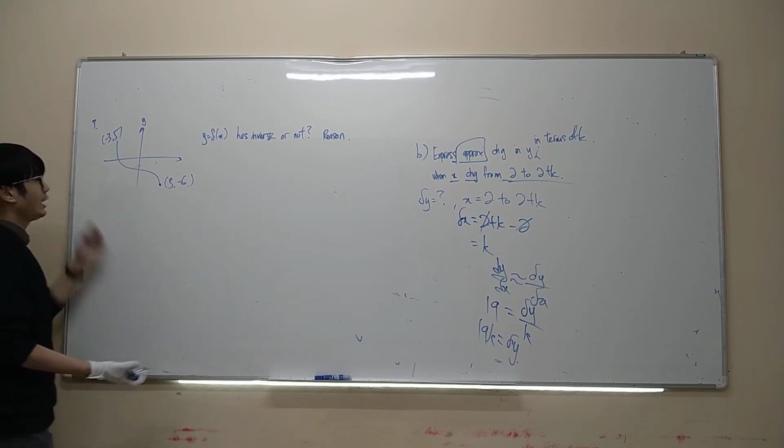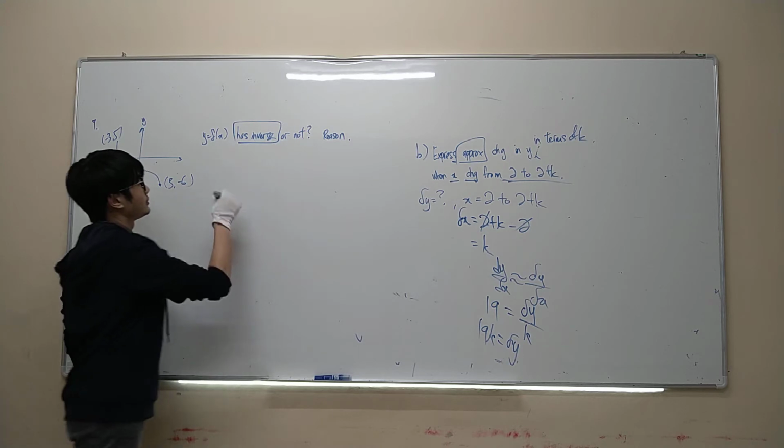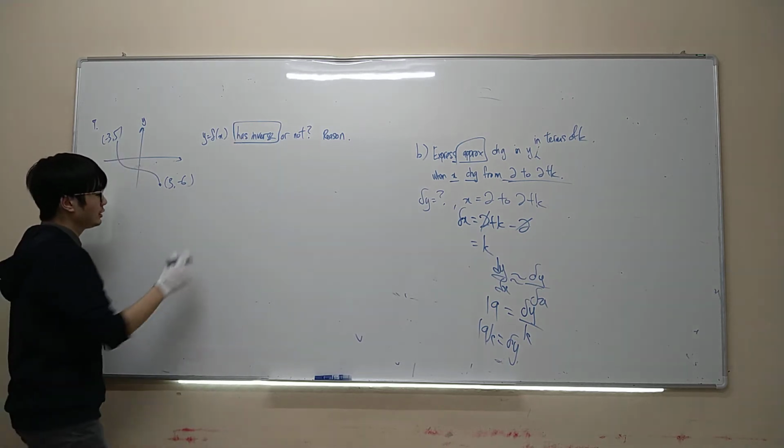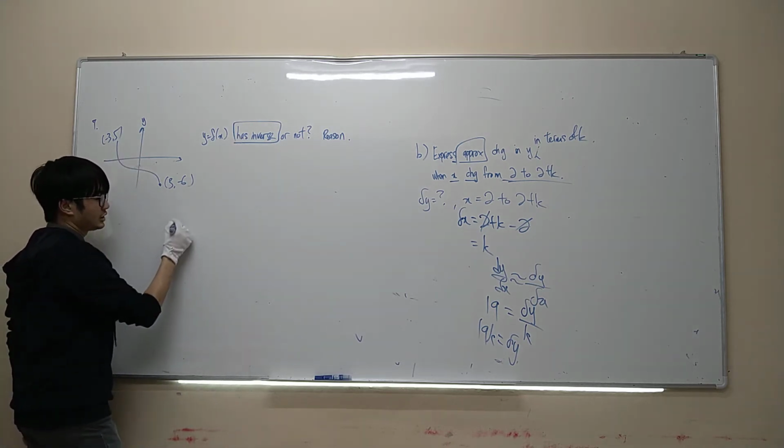So how do you determine whether it has inverse or not? First of all, there are 4 types of relation.